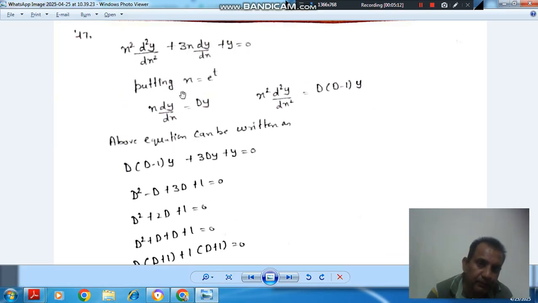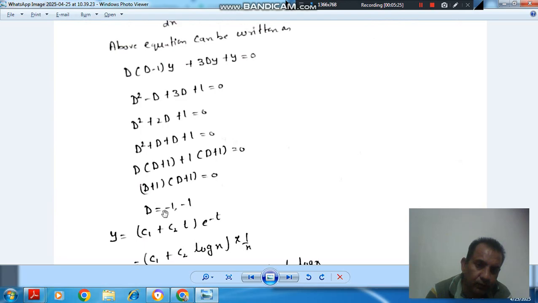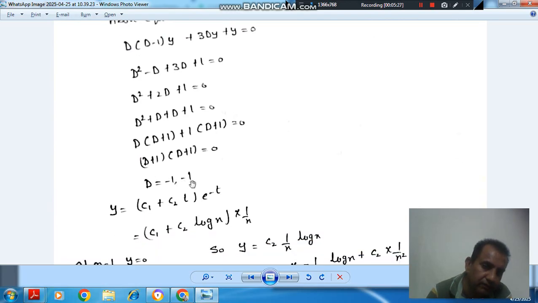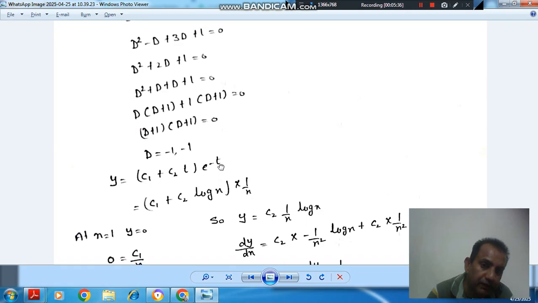So repeating the procedure: first put x is equal to e to the t, so x dy by dx is equal to Dy, and x square d square y by dx square is equal to D bracket D minus 1 bracket, and then solve for D. D will come out as minus 1 and minus 1, equal roots. Then the solution is c1 plus c2 t within bracket, into e raised to minus 1t.